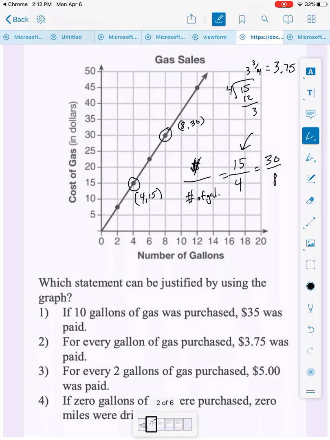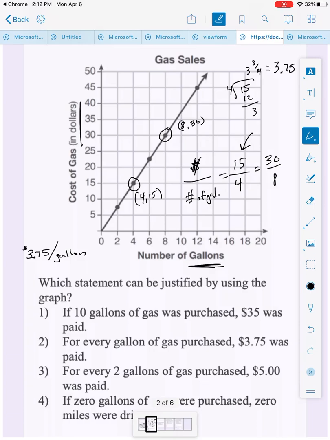Now, this is very important. I've gotten a rate of 3.75. And now I'm talking about my cost in dollars over my gallons. So it's really a rate of $3.75 per gallon.